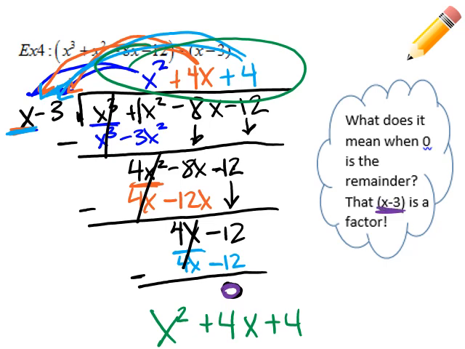Meaning x minus 3, if I have that as a factor, I could factor it out of that original polynomial. So we are dividing, but essentially we just factored out an x minus 3 and ended up with an x squared plus 4x plus 4. So that's the big connection here, is essentially we're trying to see what can I factor out, or is it a factor of the polynomial?